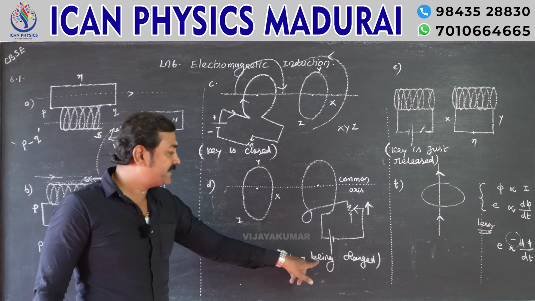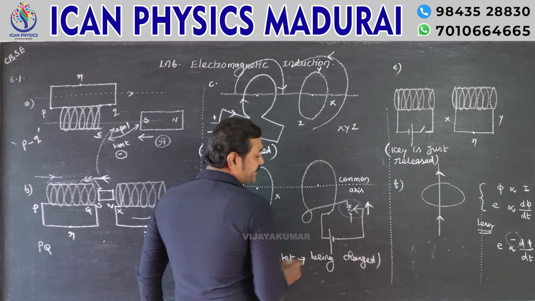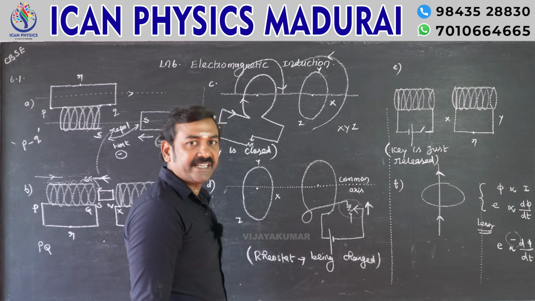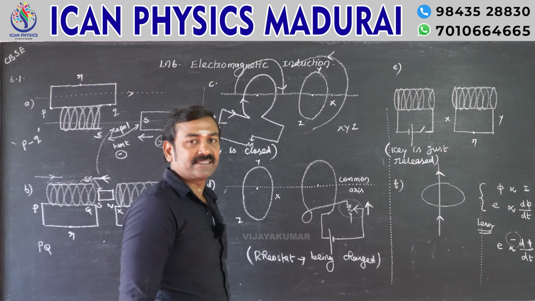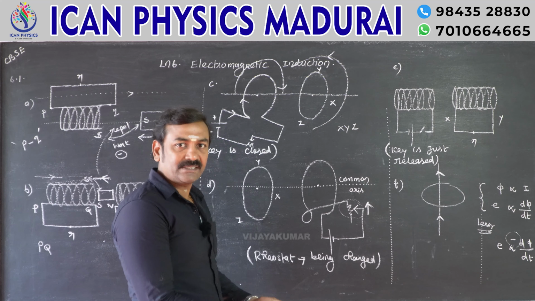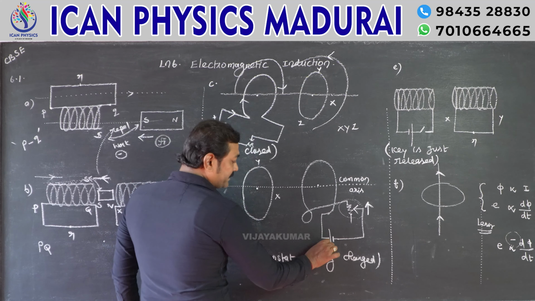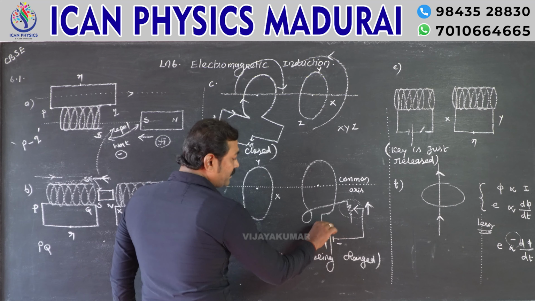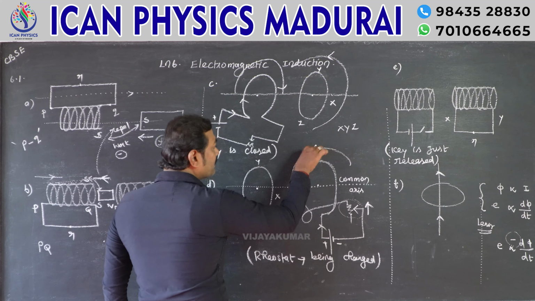Here, the rheostat is being changed. So, when the rheostat is changed, the amount of current is changed. When the current flowing is changed, then there is a change in flux. The change in flux produces induced current and induced EMF. Just see the battery. It's positive, negative. So, the current is flowing in the anti-clockwise direction.